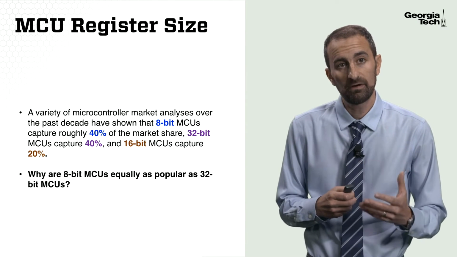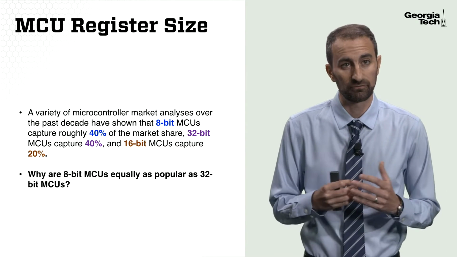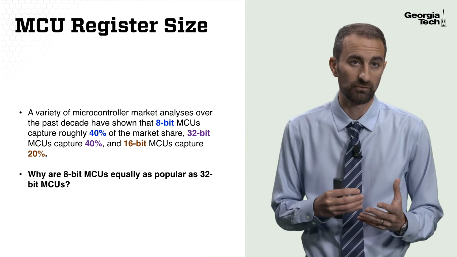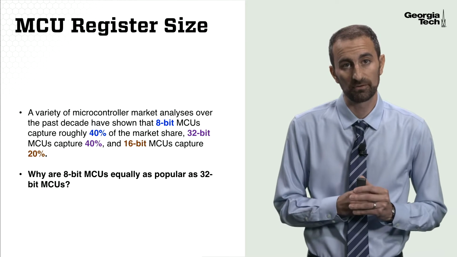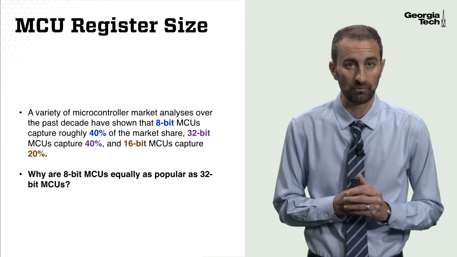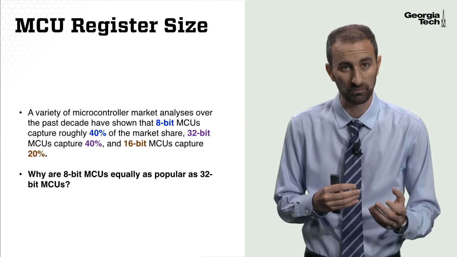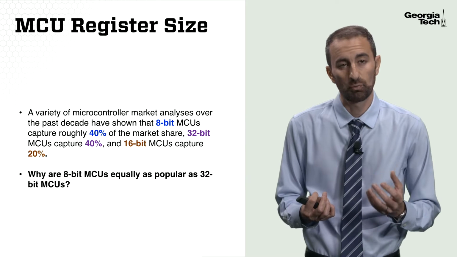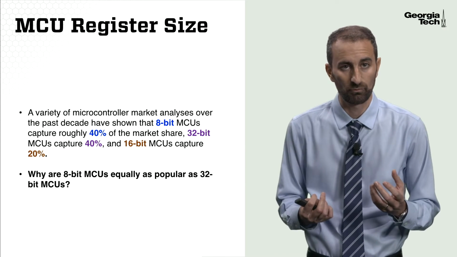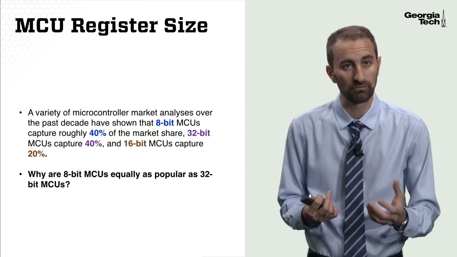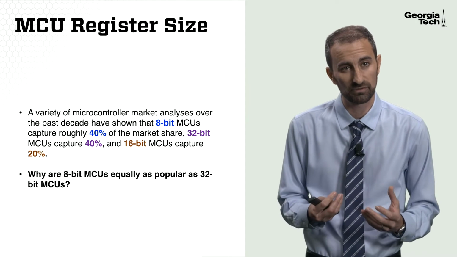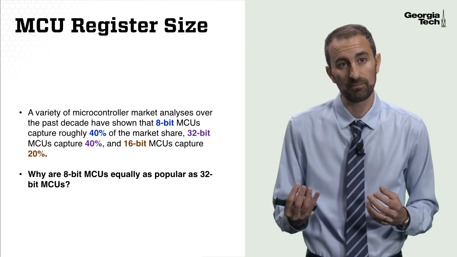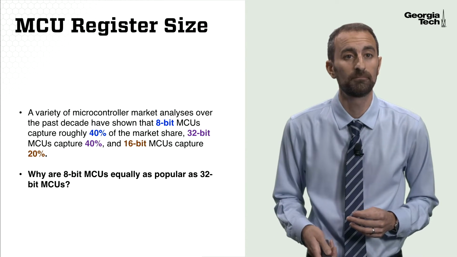Now, various market analyses of microcontroller sales have shown that over the past decade or so, 8-bit microcontrollers are about equally as popular as 32-bit microcontrollers. So if you look at how many microcontrollers have been sold, it's about equal parts 8-bit and 32-bit. So why would an 8-bit microcontroller, which is less capable computationally, be equally as popular as a more capable 32-bit one?